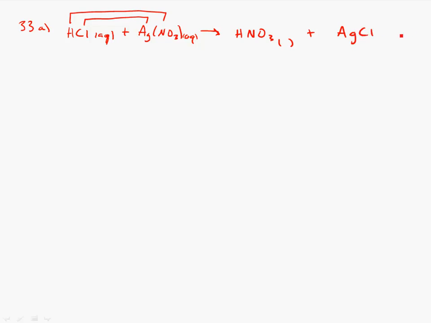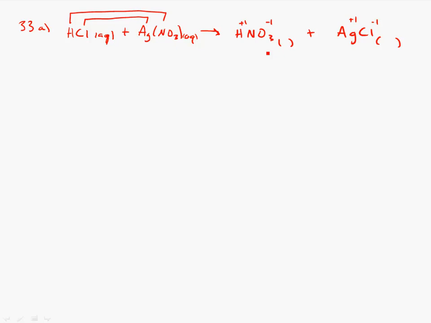Make sure that the charges are going to line up here. Plus 1, minus 1. Okay? Now, look at your table on page 344. See if you can predict which one of these products is going to be the solid and which one's going to be aqueous.